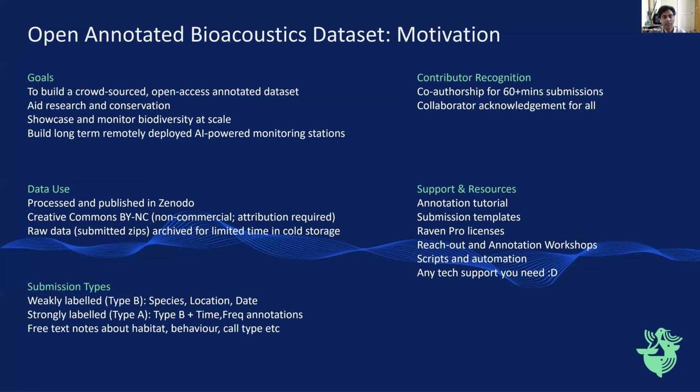Along with this, we would need time and frequency annotations of where exactly in the recording the call has happened. Weakly labeled data, which is type B, would just be species, location, and date.